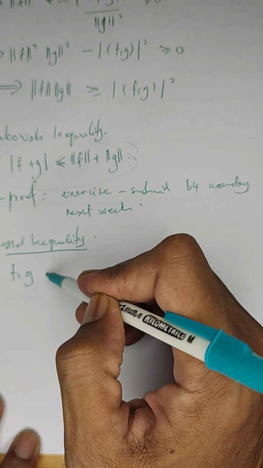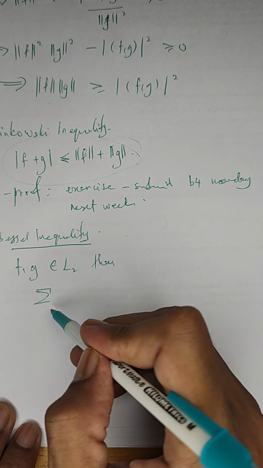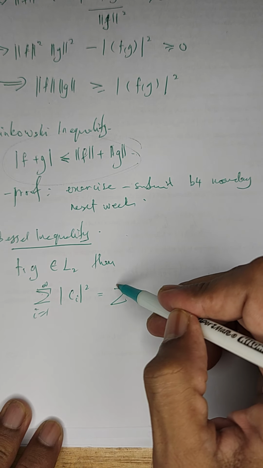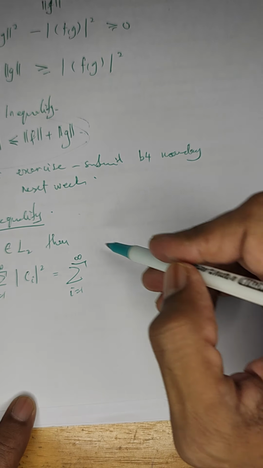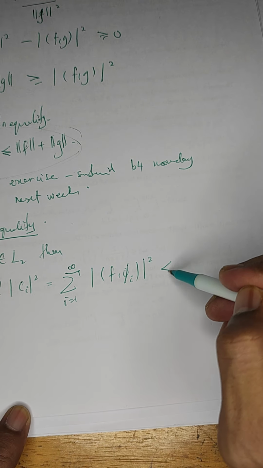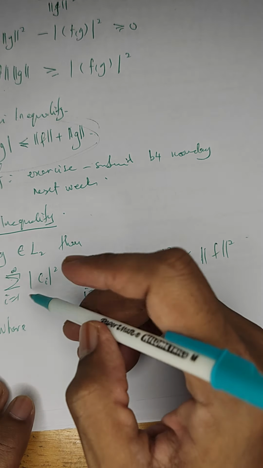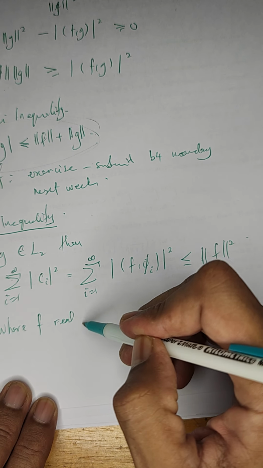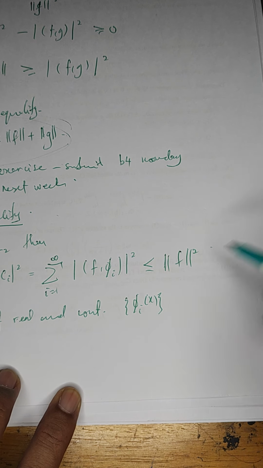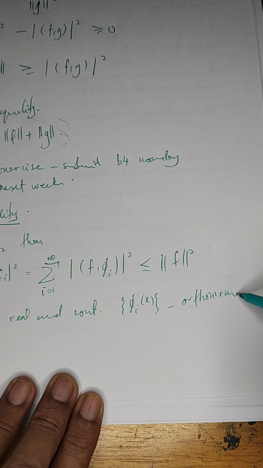For f(x), g(x) L2 functions, we call this the Bessel inequality: the sum of c_i squared, i equal to 1 to infinity, which is the inner product of f and phi_i squared, is less than the norm of f squared, where f is real and continuous, and phi_i(x) for all i is an orthonormal system in L2.